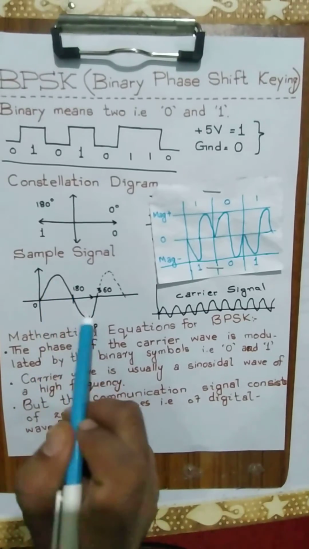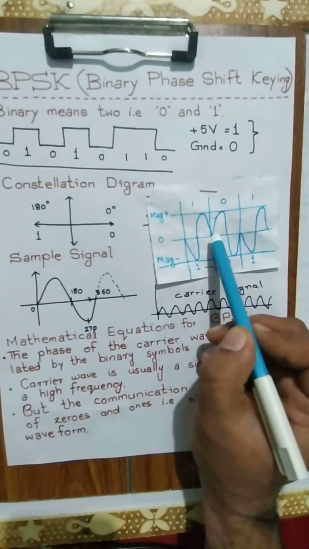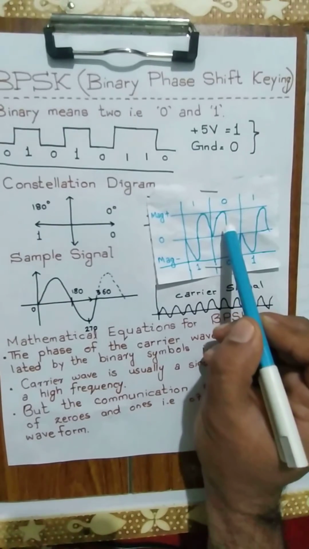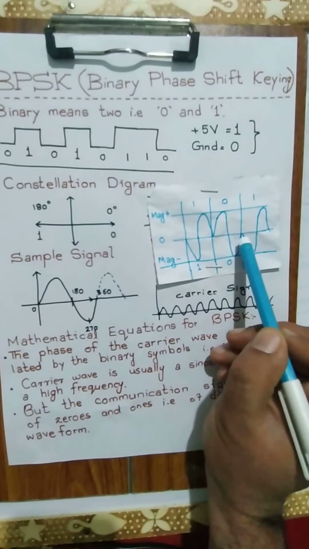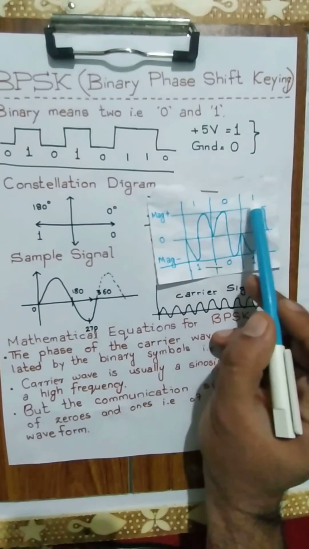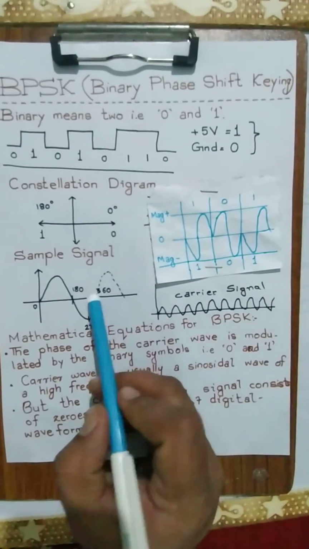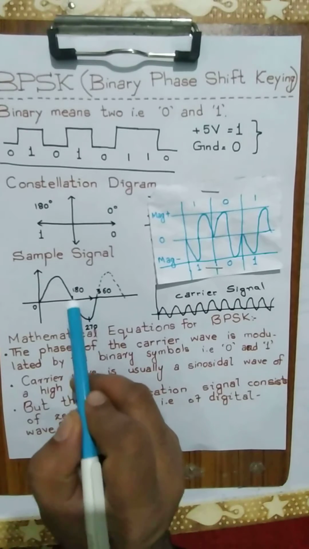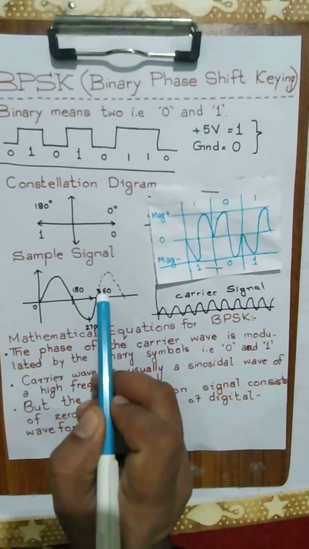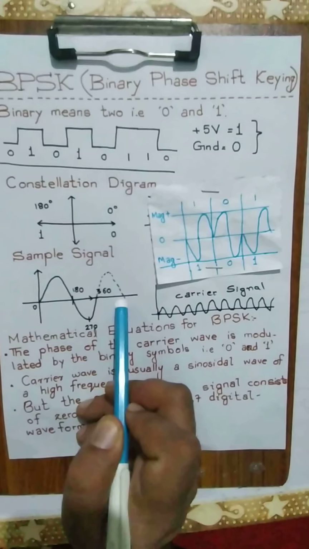So for 0 it starts from 0 and goes above, to 180 and then 360. Then again there is 1. For 1 we know that we will start from 180, and then here, it goes high, and then it will end at this point.